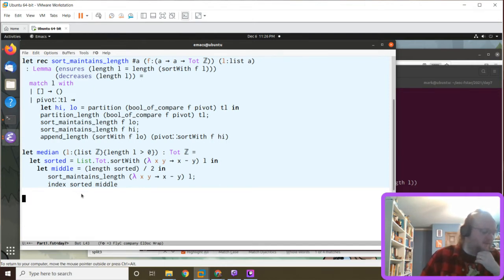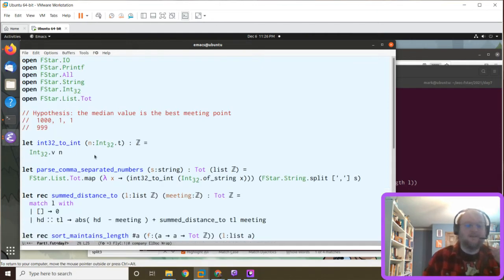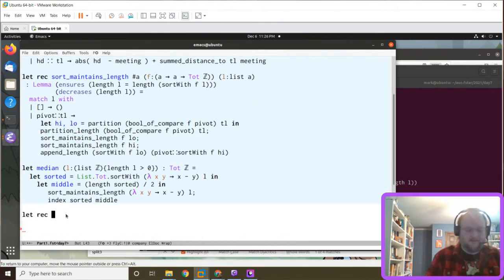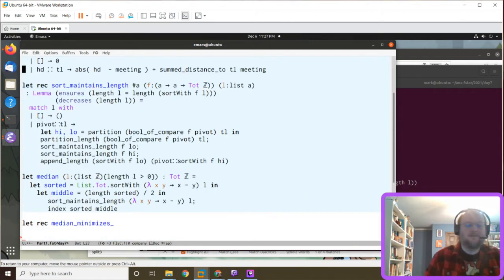Now, can we prove that the property we want holds? So our lemma is median minimizes distance.